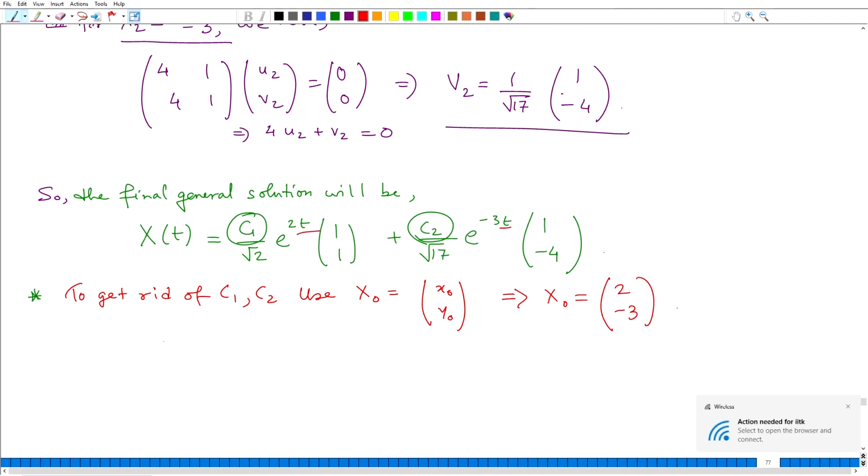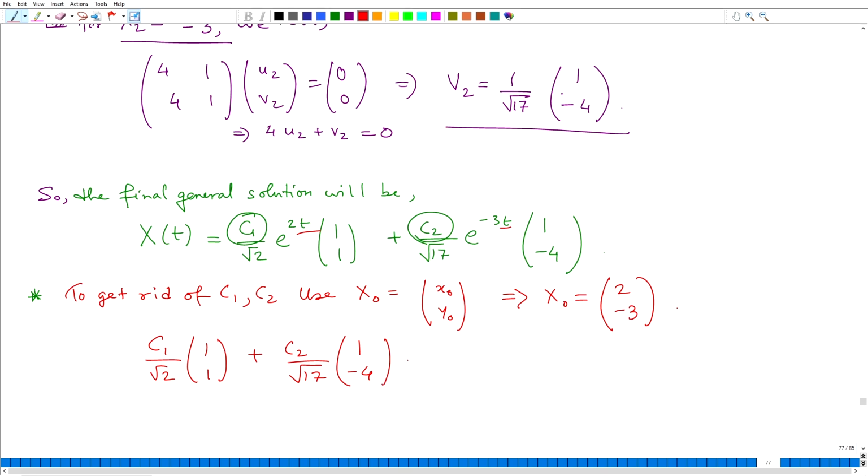So finally, you have two equations. C1 over root 2 times 1 1 plus C2 over root 17 times 1 minus 4 is equal to 2 minus 3.